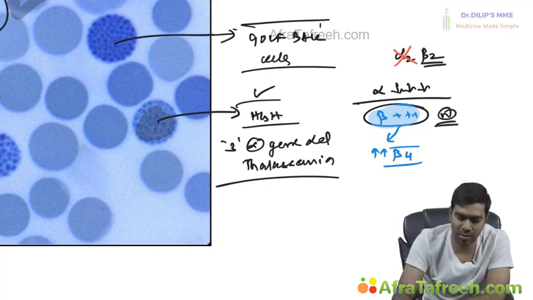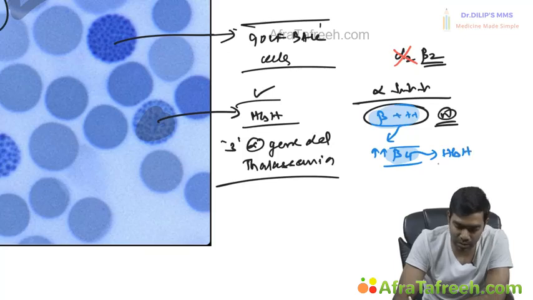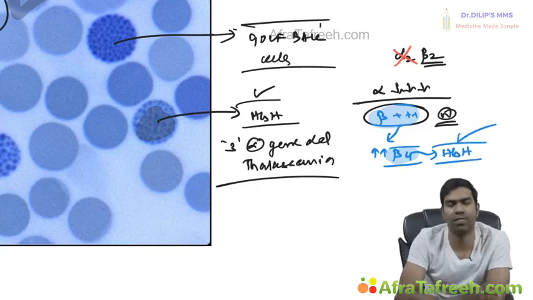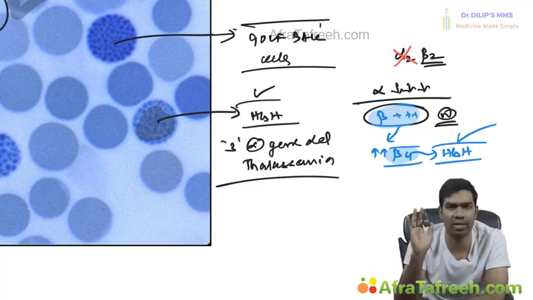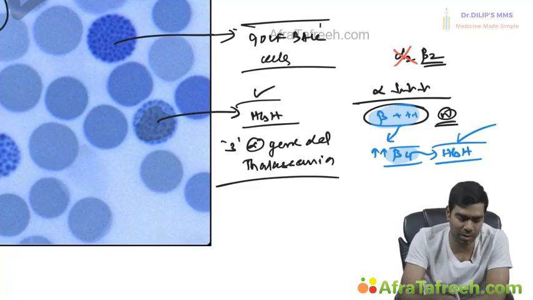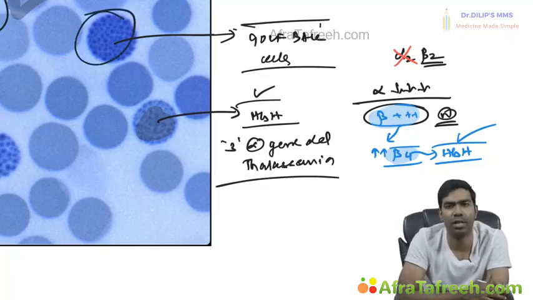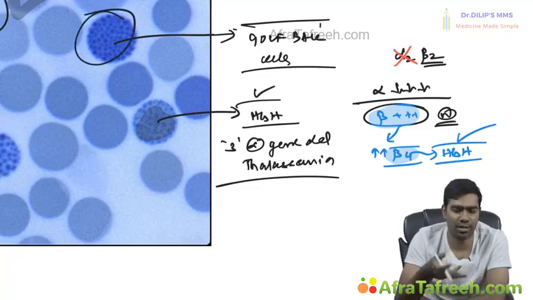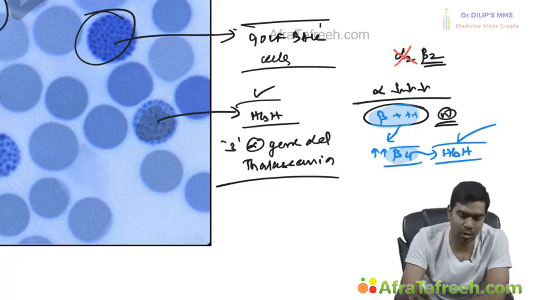There is no other option. They precipitate as beta 4 tetramers. This precipitation of beta 4 tetramers is what we refer to as HbH. Gamma 4 is called Hb Bart's. This beta 4 tetramer is what we call HbH, and these precipitated beta 4 tetramers give rise to the dot-like structures seen in HbH disease. That is what we call golf ball RBCs or golf ball cells.